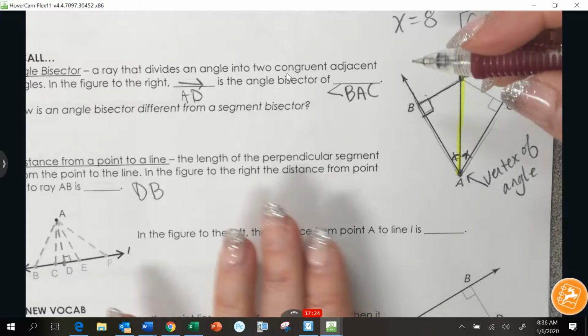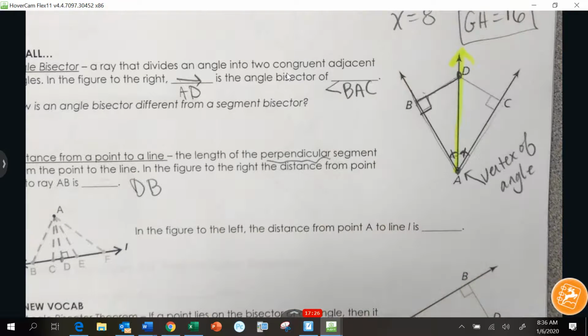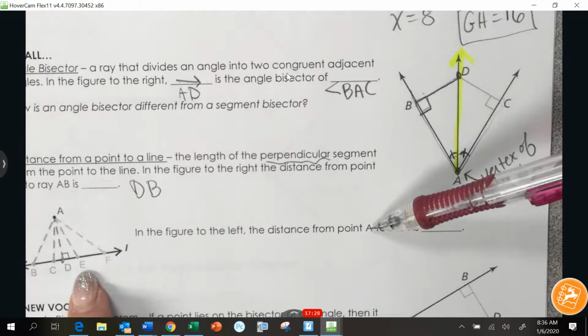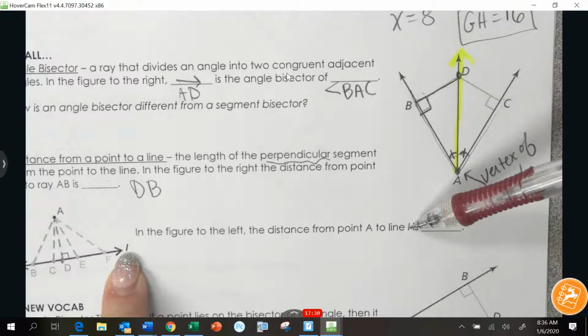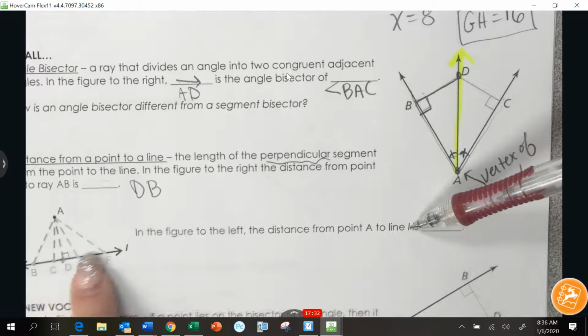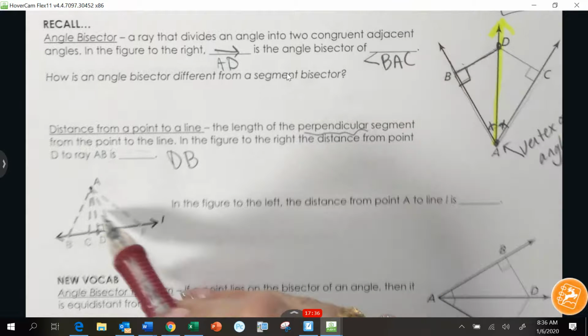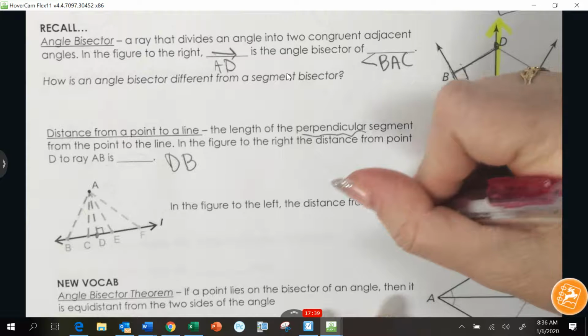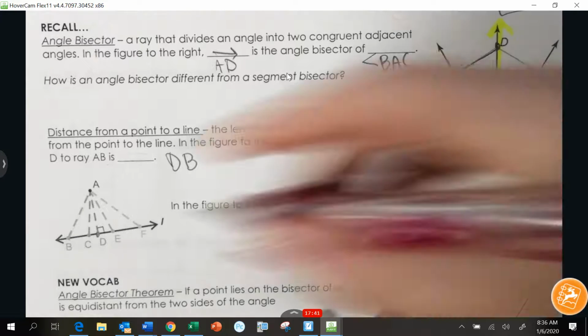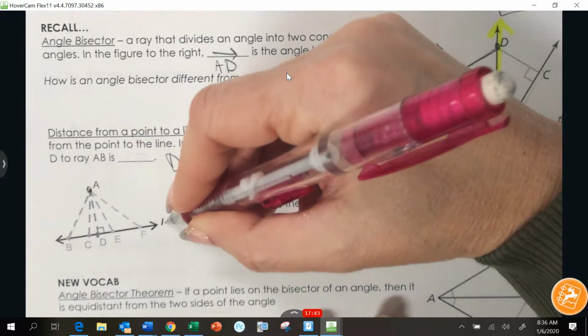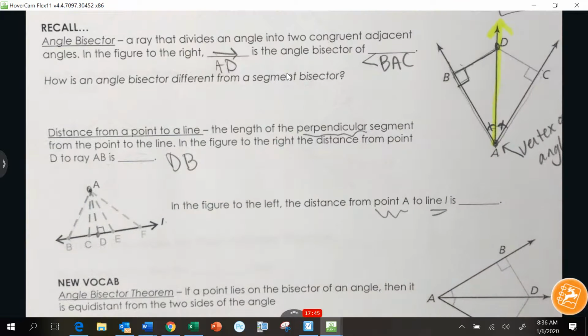So when we have distance, it has to be perpendicular. So in this figure right here, the distance from point A to line L, out of all of these lengths, which one of them is the distance from point A to line L? Here's point A, here's line L. Out of all of these lengths, which one has to be the distance?